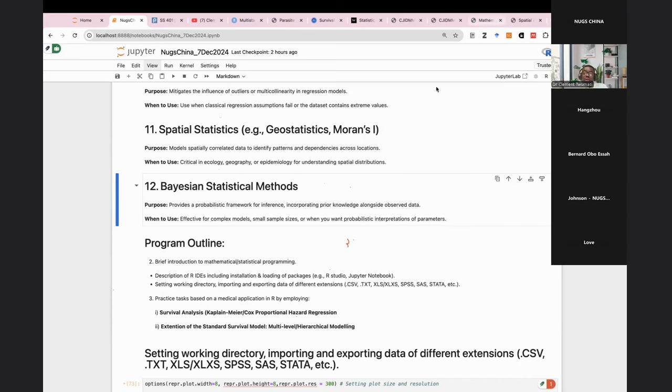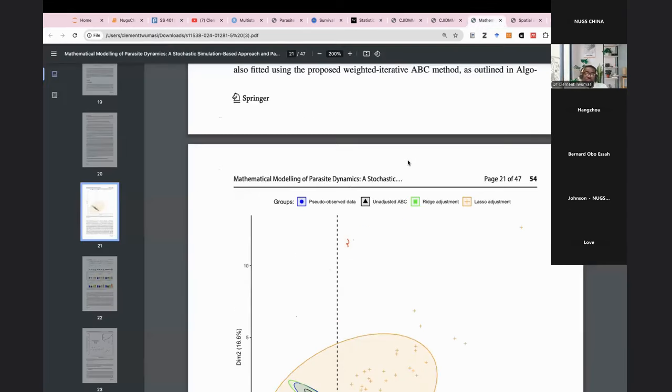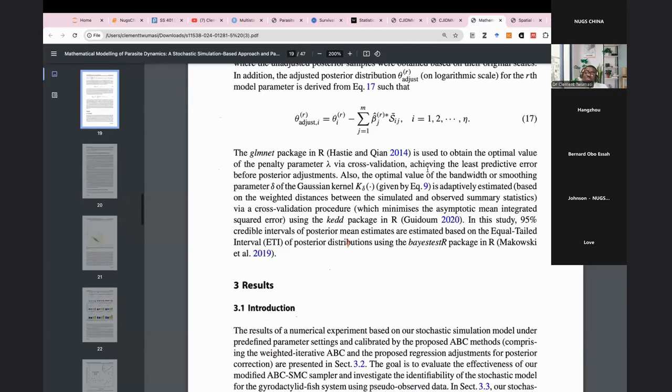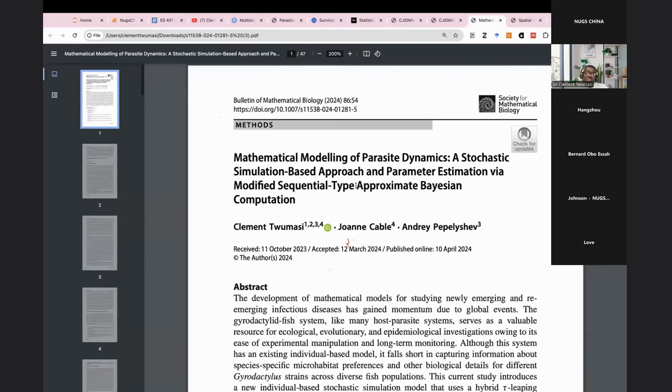In one of my papers here, you'll be exposed to this method of estimation, approximate Bayesian computation, used where the likelihood function is either mathematically intractable or computationally expensive. So I'll end here with the first session.